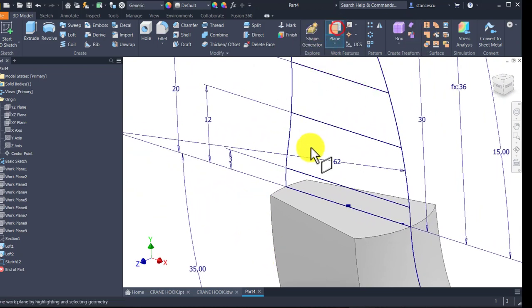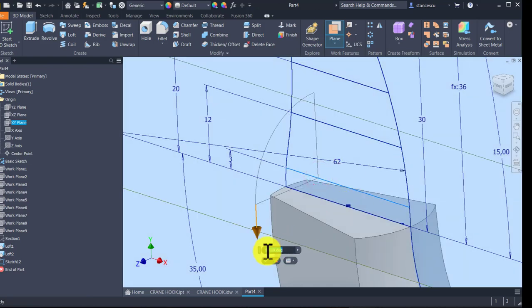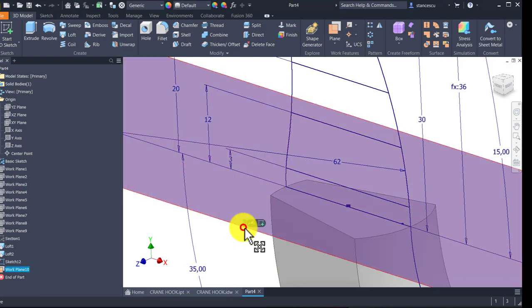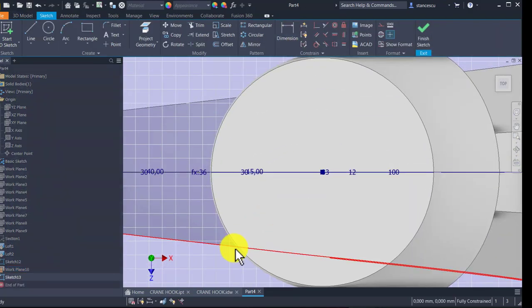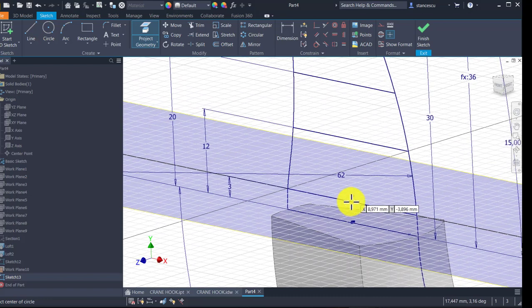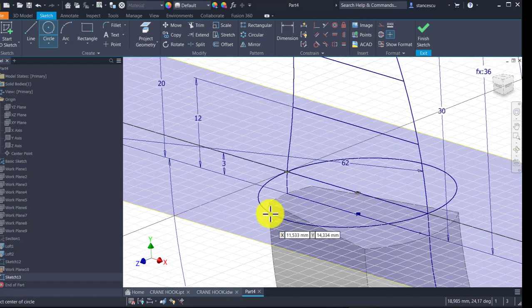Plane XY, diameter, sketch F7, F5, project the diameter and draw the circle from the center point, which is here, to the end, green end, which is this.